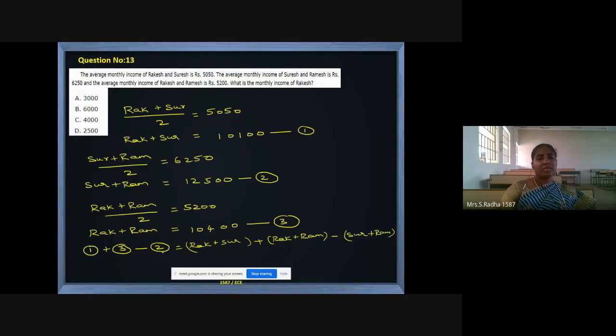So finally we get 2 times Rakesh's salary, which is equation 1 plus equation 3 minus equation 2. That is 20,500 minus 12,500, which is 8,000, which is 2 times Rakesh's salary. So 1 time Rakesh's salary is 8,000 by 2, which is 4,000. That is the answer.